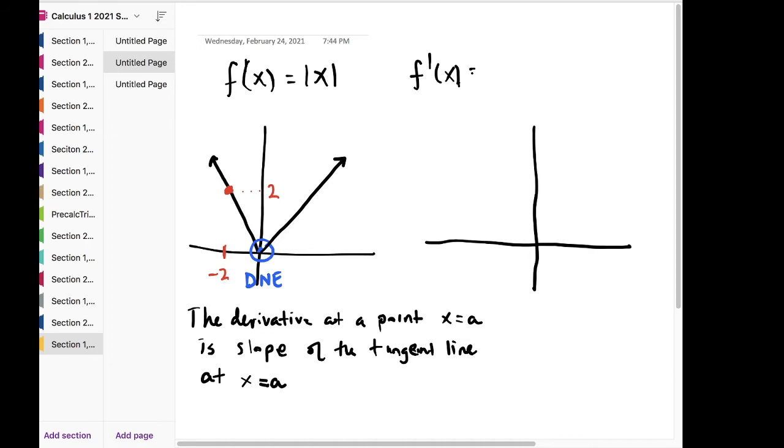What is the tangent line of absolute value of x at -2? How could you draw it? What would the line look like? Is this the tangent line? No. How do you draw the tangent line?